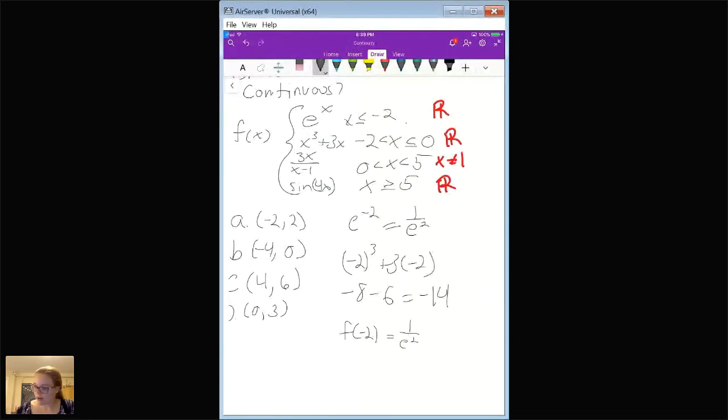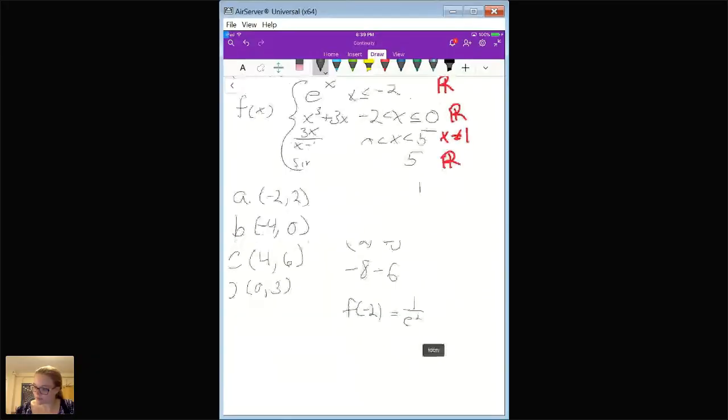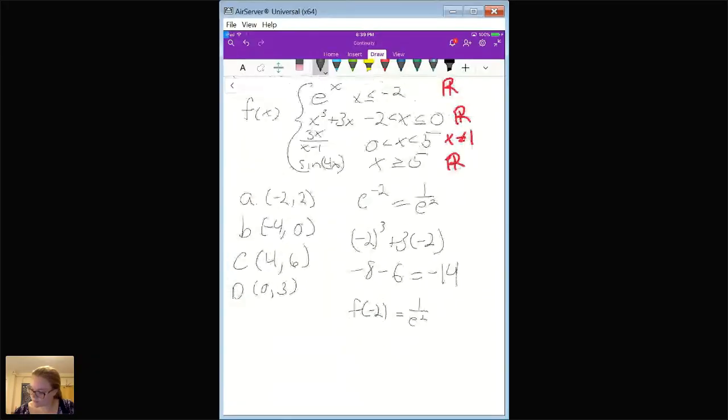That's true. What we're testing here is if the limit as x approaches -2 from the left of f of x is equal to the limit as x approaches -2 from the right of f of x. And in this case, from the left side is from the e to the x side. So we get 1 over, let's put a question mark over here so we know we're testing it.